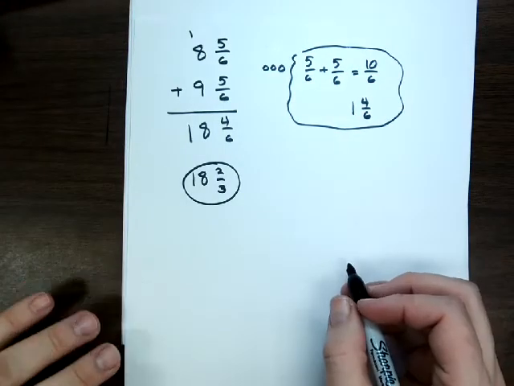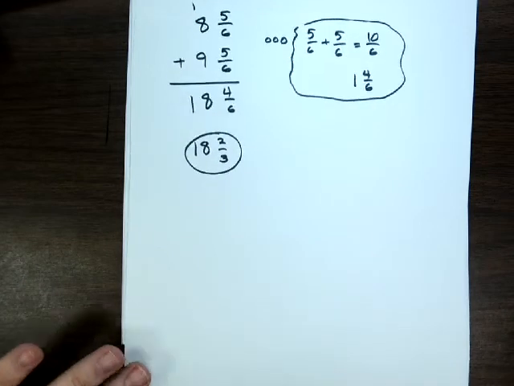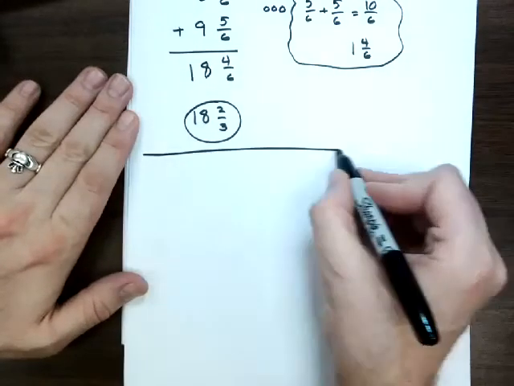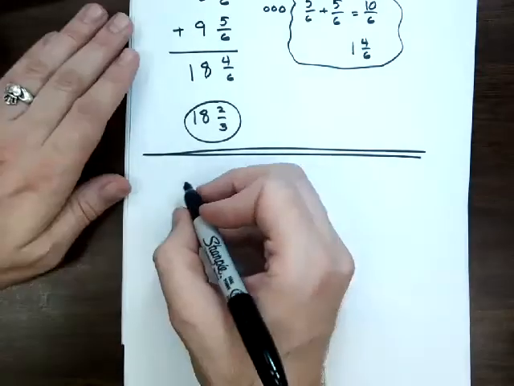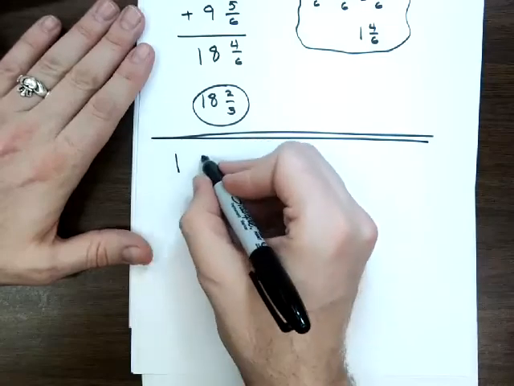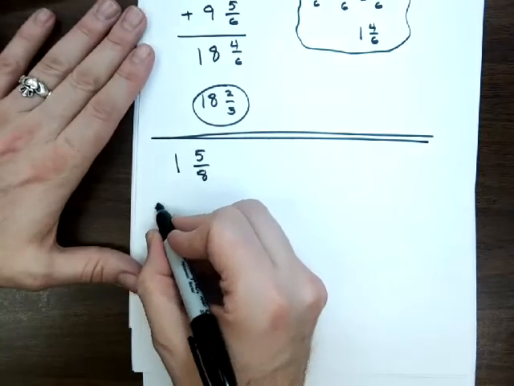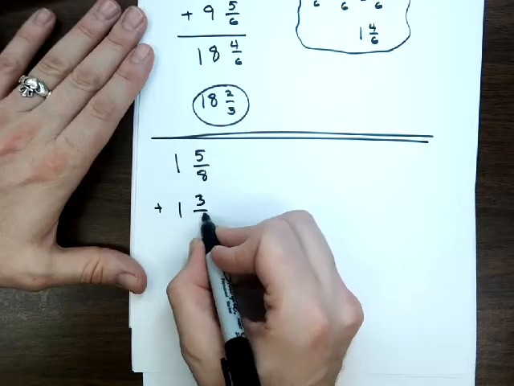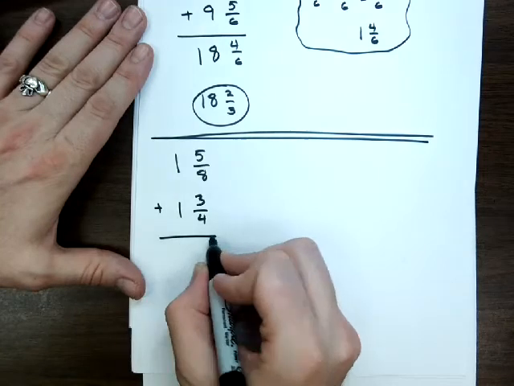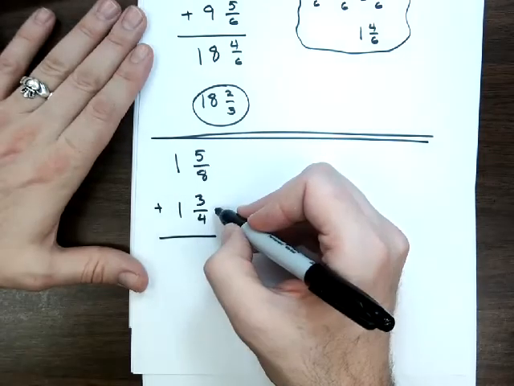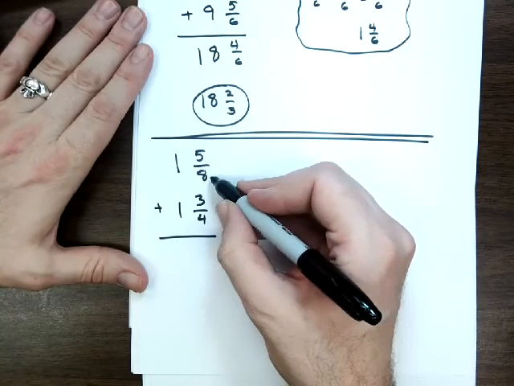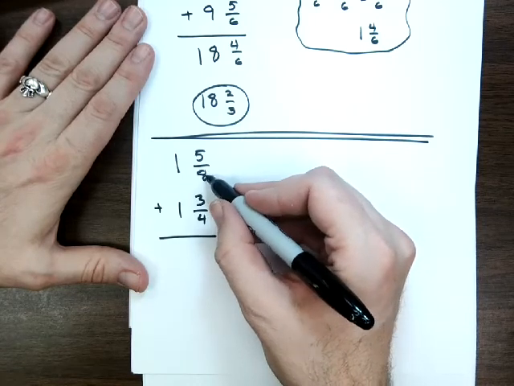Okay, last example. So we've got 1 and 5/8, and let's add to this 1 and 3/4. Well, first off, I need to come up with a common denominator. So I can think of multiples of 8.